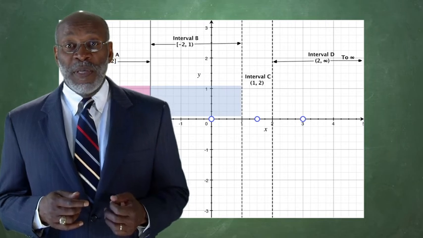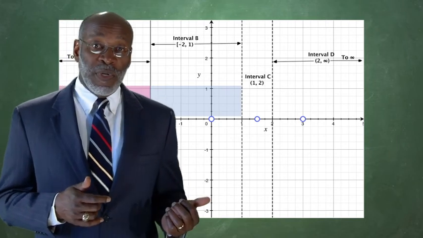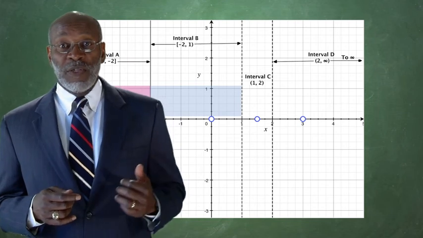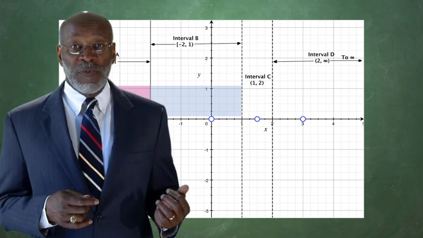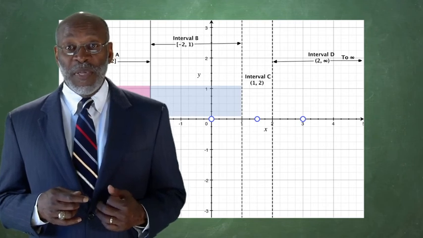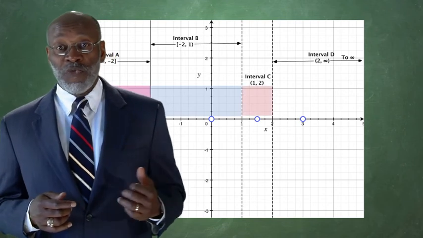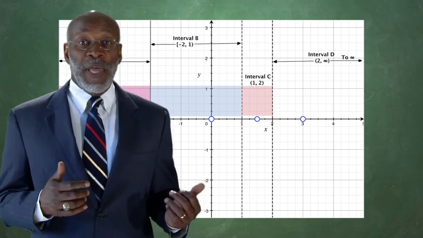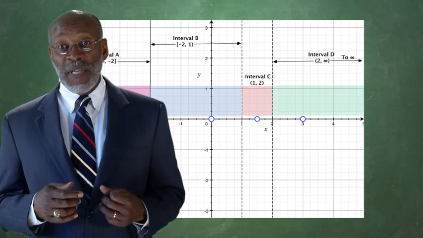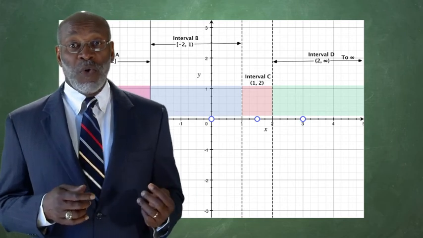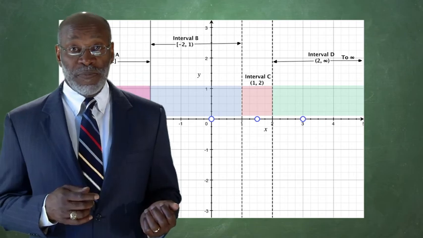Interval B is from x equals negative 2 to x equals positive 1. It is closed at x equals negative 2 and open at x equals positive 1. Interval C goes from 1 to 2 and it's open on both ends. And interval D goes from 2 to infinity, and that is also open on both ends.